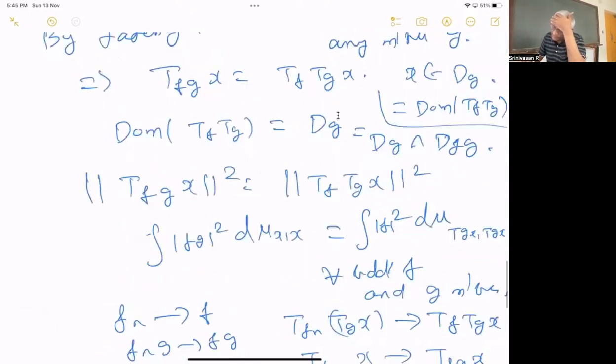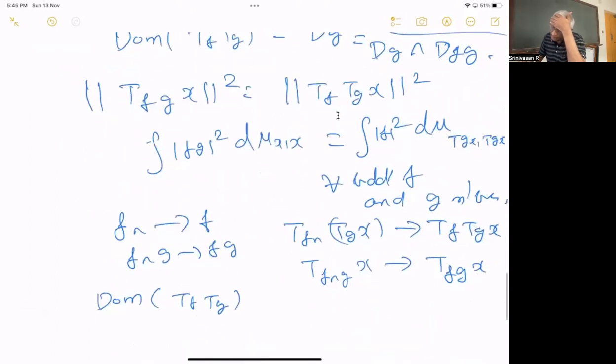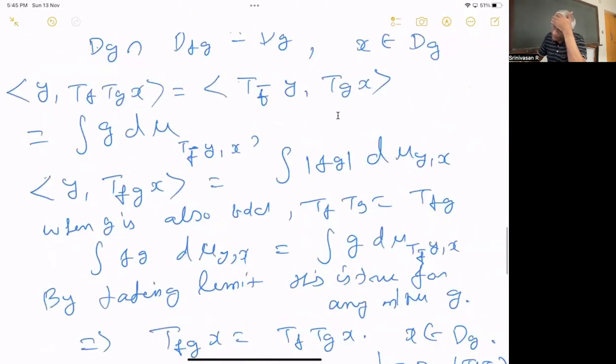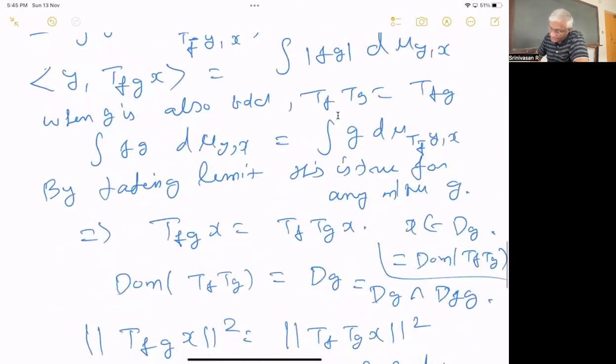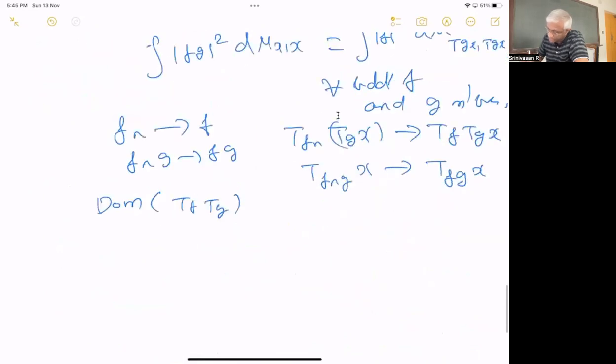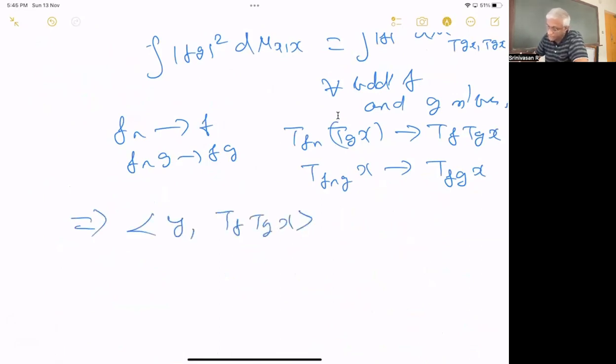Wait, no, we have to use the inner product, right? There is the inner product. This implies that y times T_F T_G x equals y times T_FG x. Let me just write. This implies y, T_F T_G x.